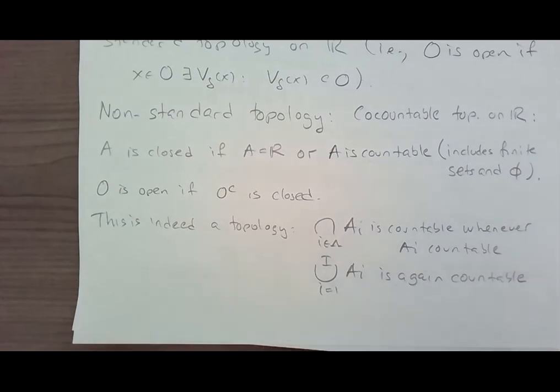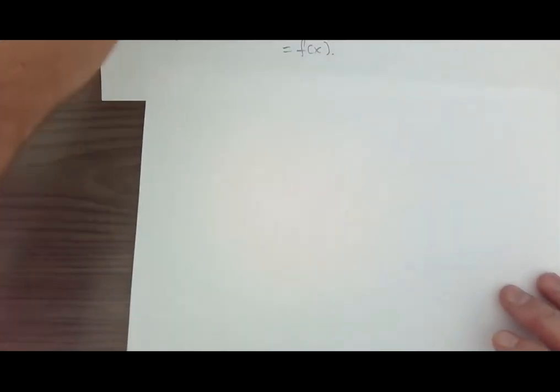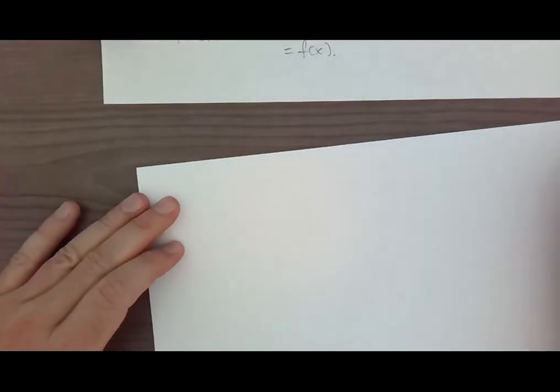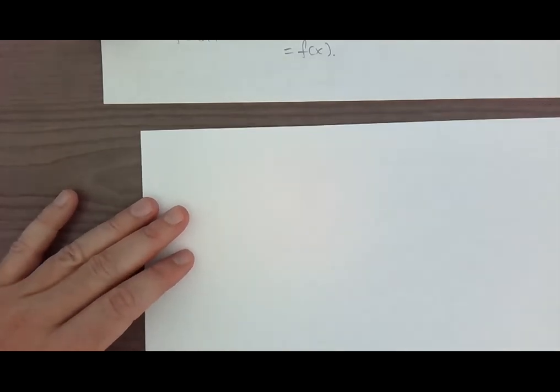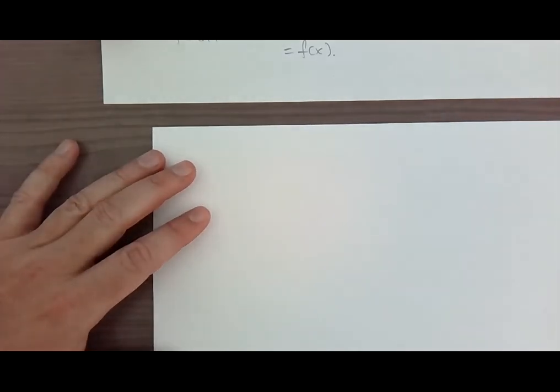So is x in the co-countable topology a limit point? So what was the definition of a limit point? Just bear in mind here, we need to be careful.